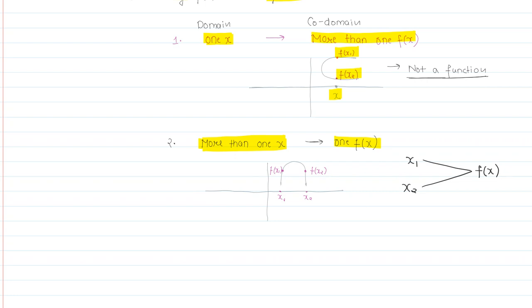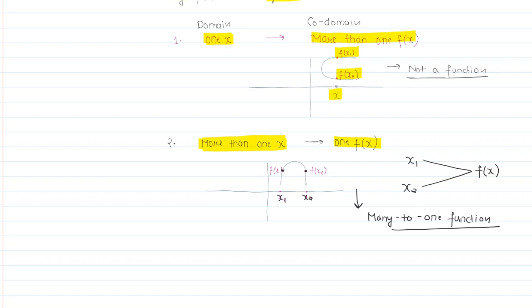You can also see this in this example where x1 and x2 lead to the same value f(x). In this case, this is basically called a many-to-one function. Many-to-one function, right? And this is basically when a function fails the horizontal test.